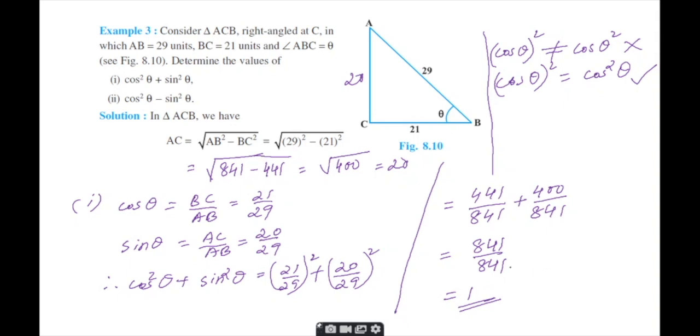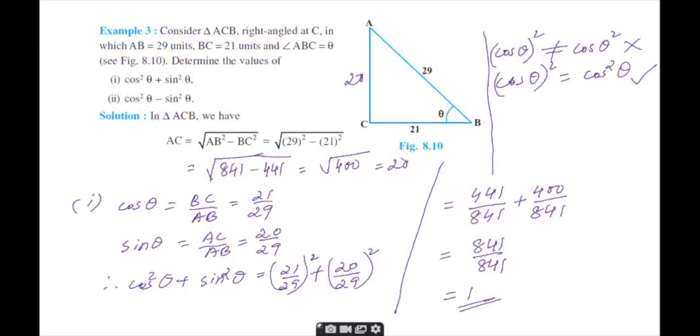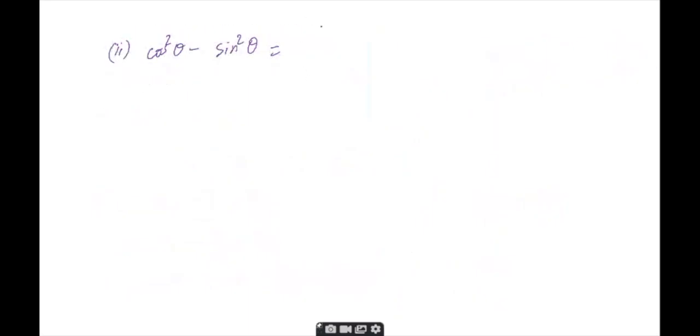Now let us find cos square theta minus sin square theta. Cos square theta minus sin square theta is equal to, what was cos theta? It was 21 by 29. 21 by 29 whole square minus 20 by 29 whole square.